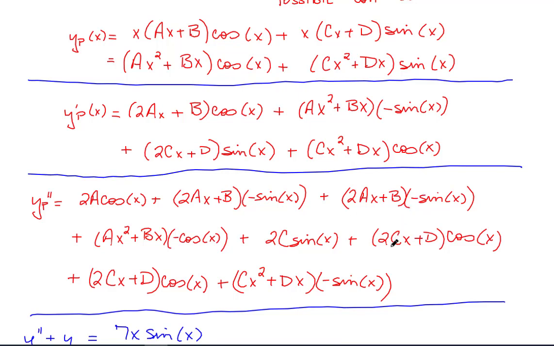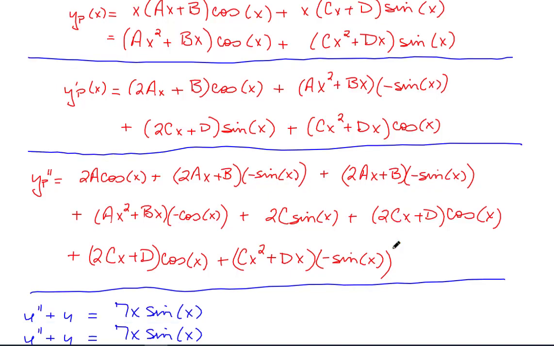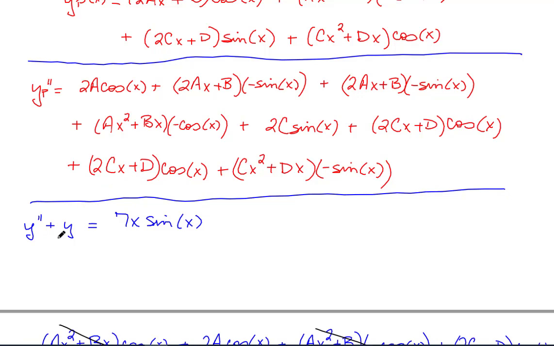Alright, now that we've got the first and second derivative, I need to start matching this up with y double prime plus y equals 7x sine x.